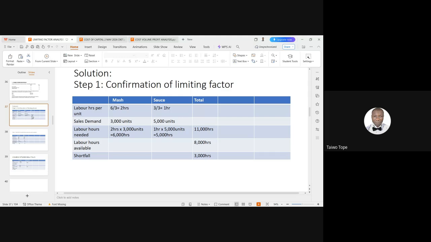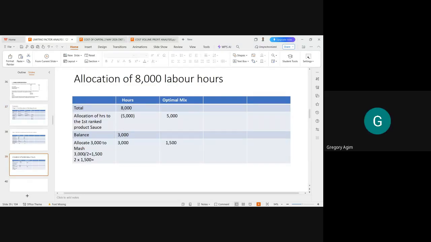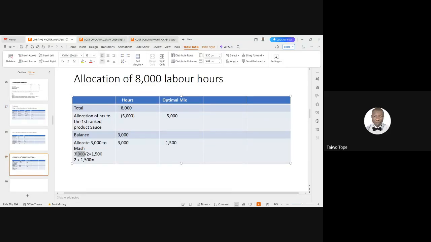If you use 2 hours to produce 1 unit, and overall you have 3,000 hours, you divide 3,000 hours by 2 hours. It will give you the number of units that you can produce for mesh, which is 1,500.